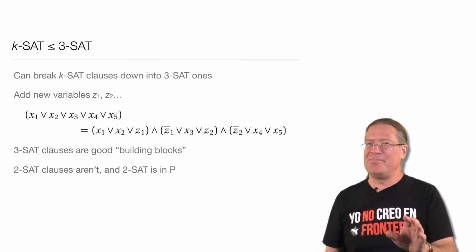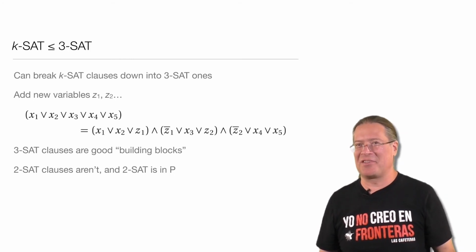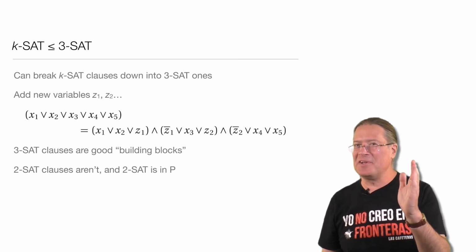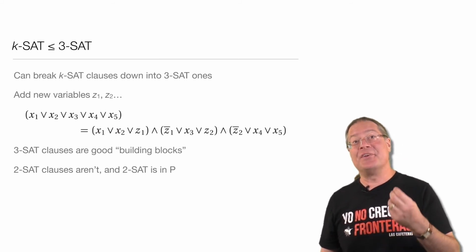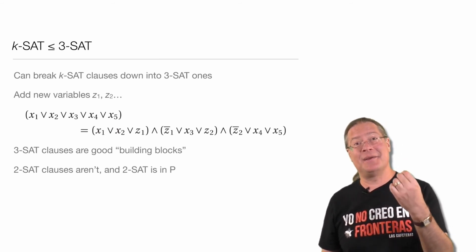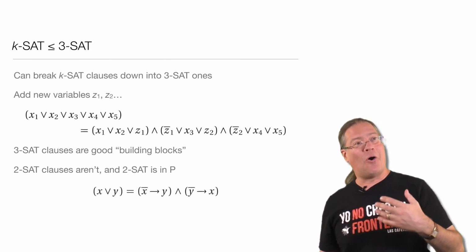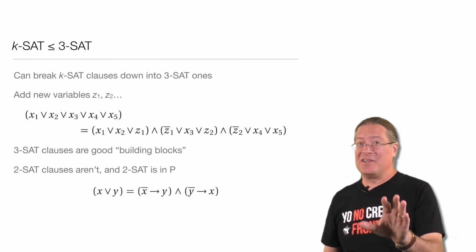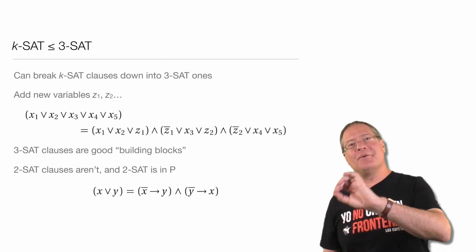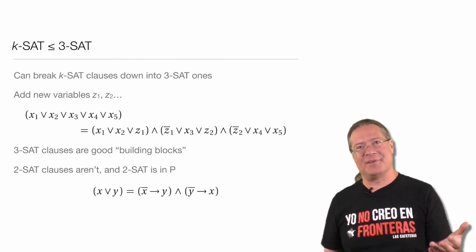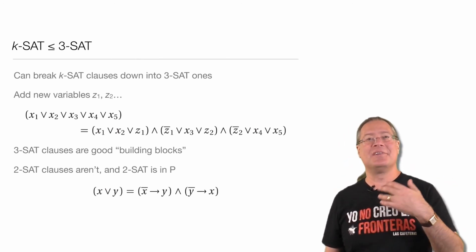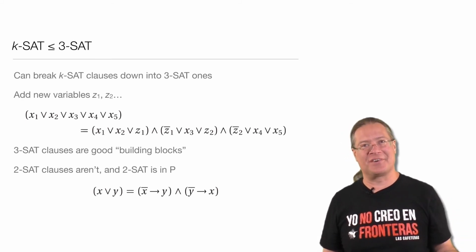And this is maybe a bit too challenging to throw at you, but if you feel up to it, try to prove that 2-SAT is in fact in P. All you really need to do, here's a hint, is follow these arrows around the formula and see if there's a loop which creates a contradiction.